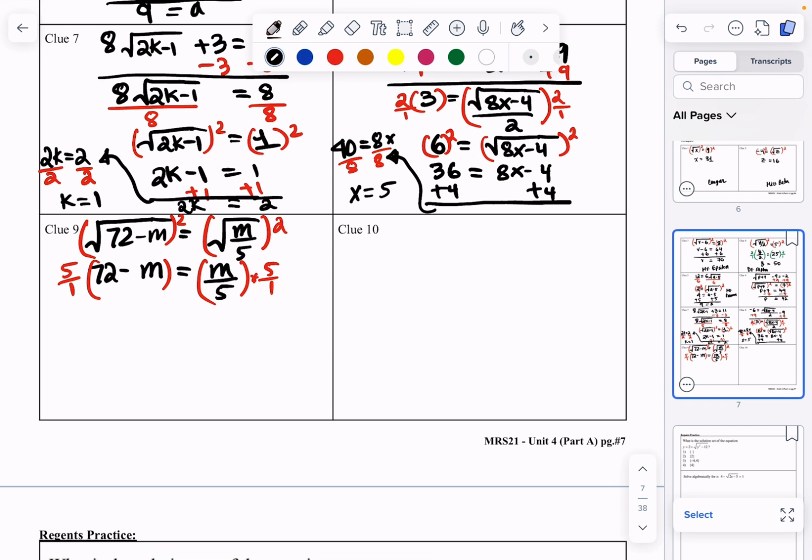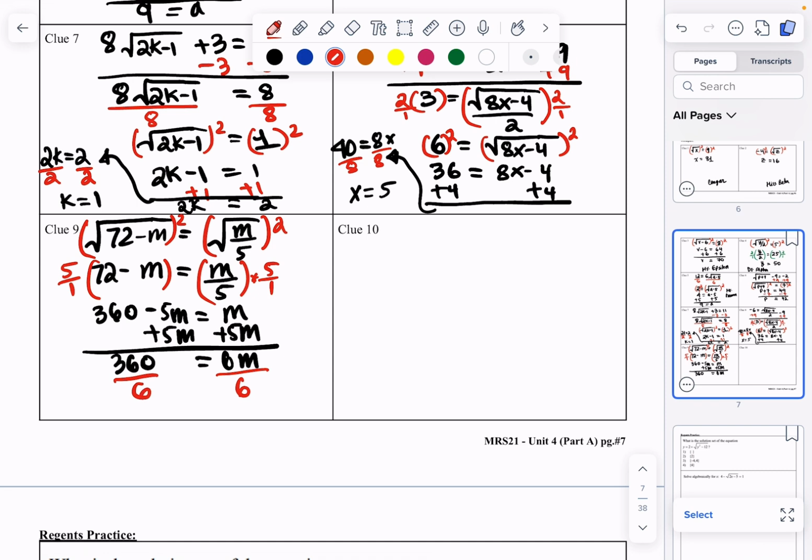So we are left over with 72 times 5, which is 360, so 360 minus 5m is equal to m. Add 5m on both sides. 360 is equal to 6m. Then we divide by 6 on both sides. 360 divided by 6 gives us m is equal to 60.